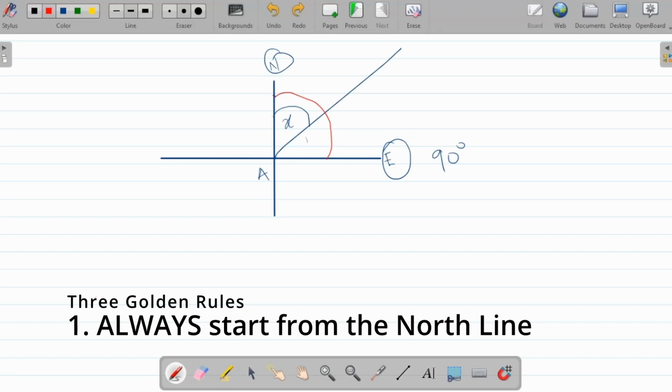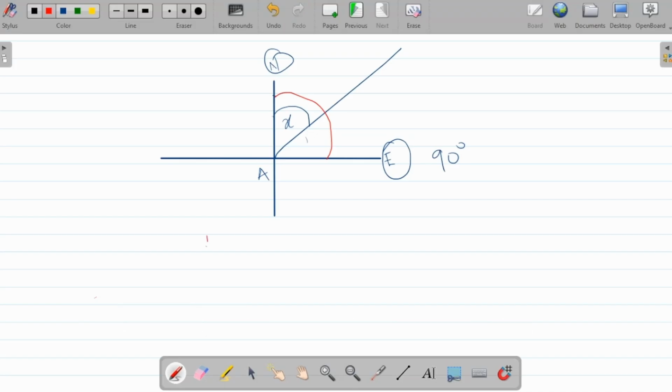Always start from where? The north. You are to start from the north, all the time.